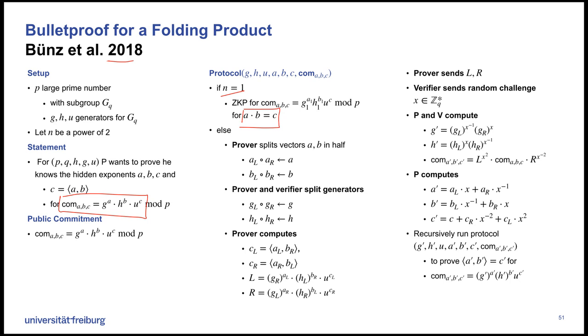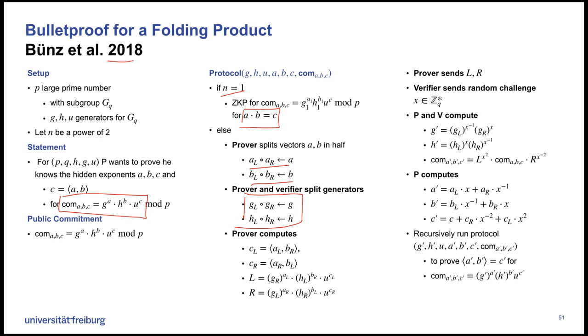And then we do in principle the same thing: we take the A vector and split it, we take the B vector and split it, and we split also the generators, which are changed in the next round by using a challenge. So where's the challenge?